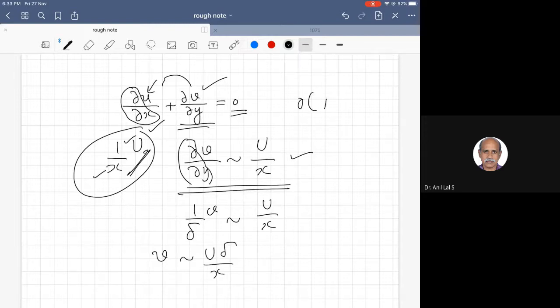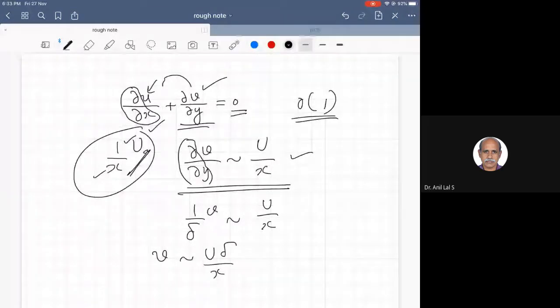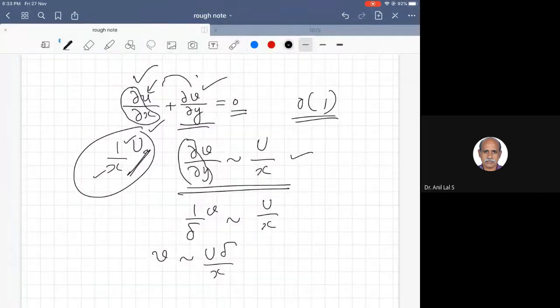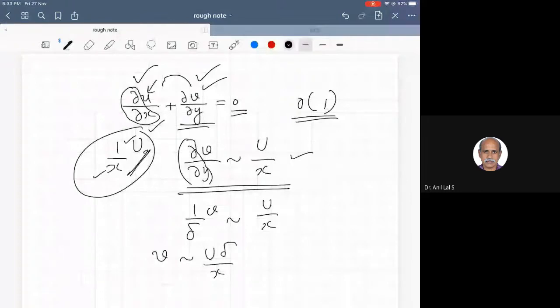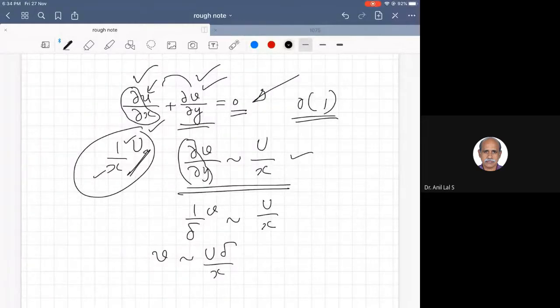This cannot be neglected. So this is of the order of 1, and this is also of the order of 1. So both the terms cannot be neglected. So the continuity equation remains as such for the boundary layer, exactly like that in the Navier-Stokes equation.